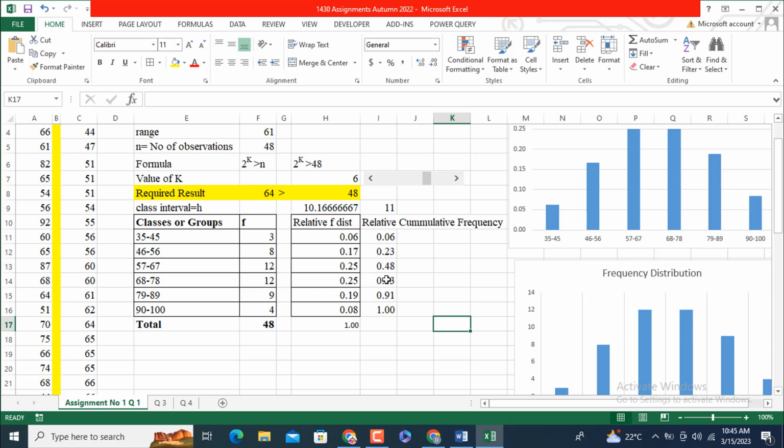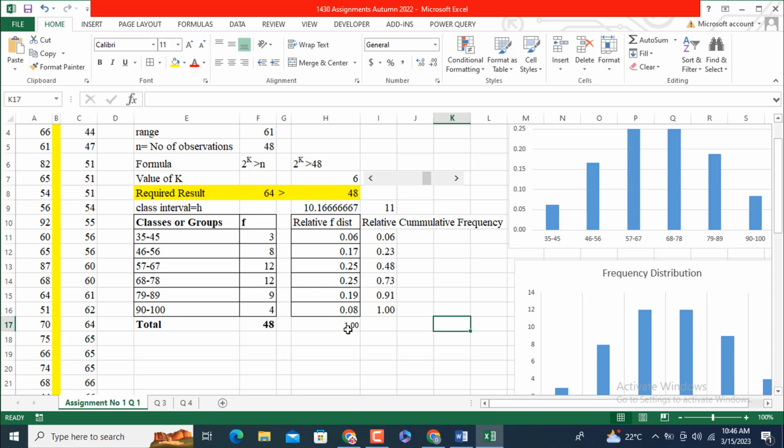You will keep this process until the last value, and you will see that the last value is equal to the sum of the values of the relative frequency distribution, which is 1. Relative frequency distribution is a way of representing data in terms of percents. So the sum of the values is equal to 1.